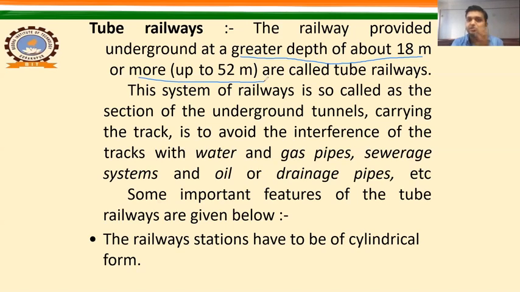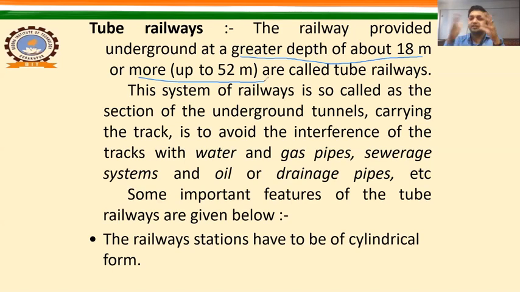The system of the railways is so called as a section of the underground tunnel carrying the track is to avoid the interference of the track with water, gas pipe, sewerage system, and oil or drainage pipes, etc. So the basic principle behind the tube rail is that the railway is provided underground, and the depth varies between 18 meter to 52 meter.